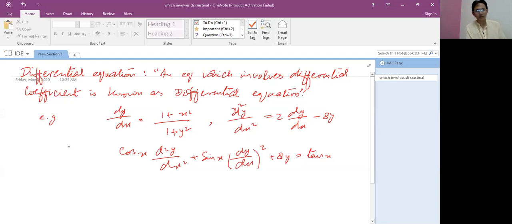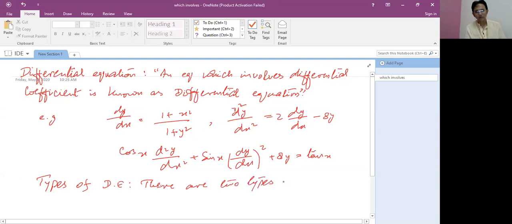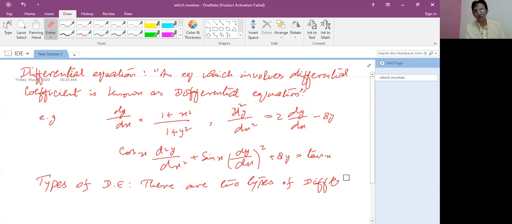So there are some examples of differential equation. There are two types of differential equation.